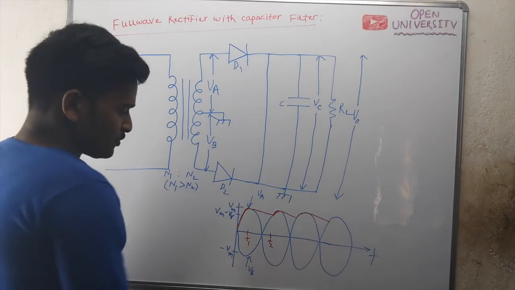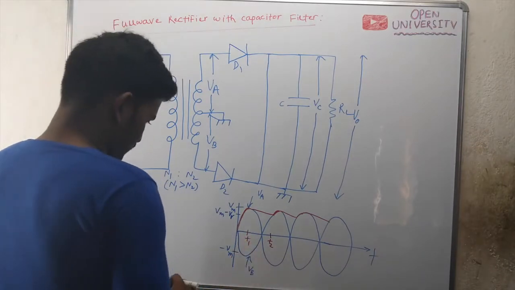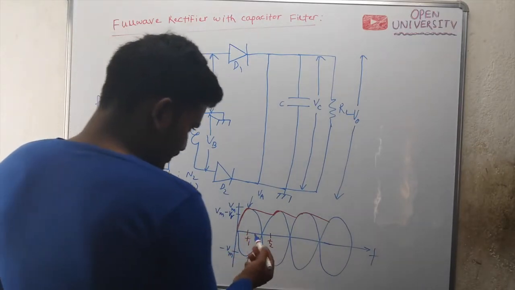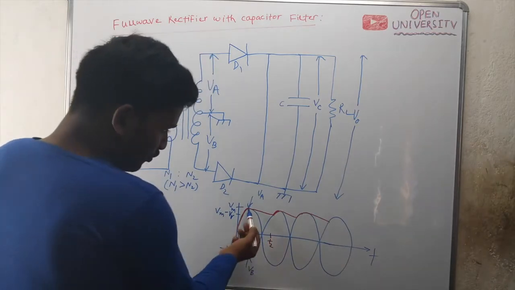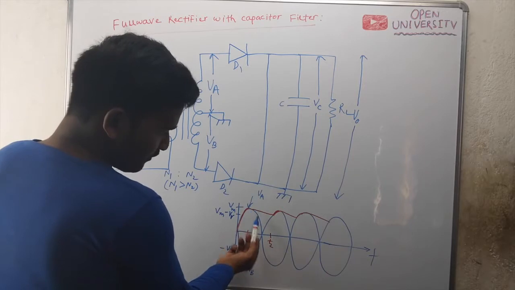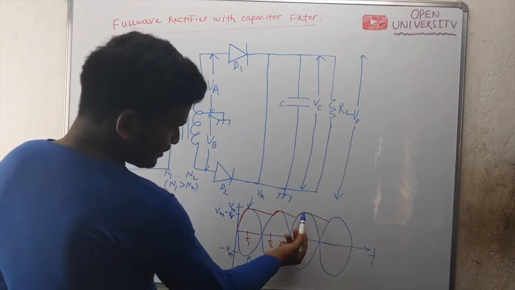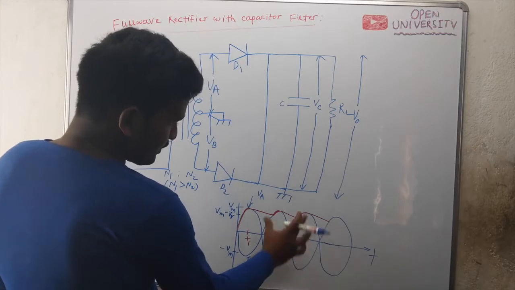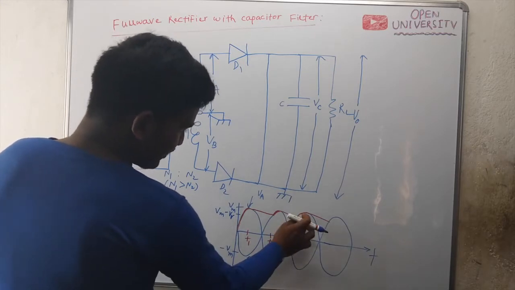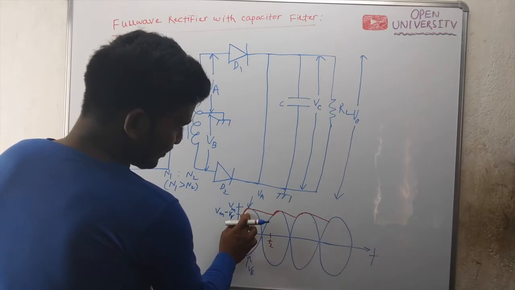If you see the VA waveform, from one peak to the next peak, this is one time period. From this peak to this peak is one time period, T naught.